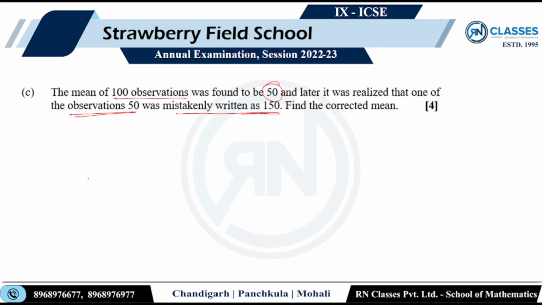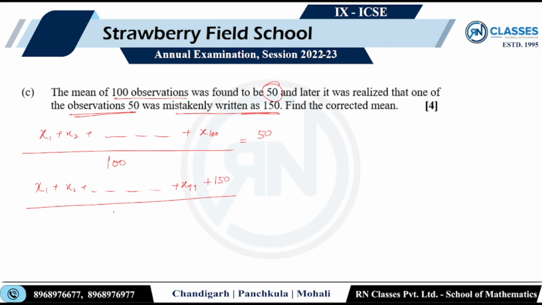Okay, so 100 observation means x1, x2, I don't know these observation till x100. इस सब का मीन डिवाइडेड बाय 100 which was given to be 50, राइट? अब वो कह रहा है कि भाई 150 लिख दिया इसमें गलती से, ओके, x1 x2 till x99, I don't know these, but एक मेरे को ऑब्जर्वेशन पता चल गई, that was 150 divided by 100 which was given as 50.